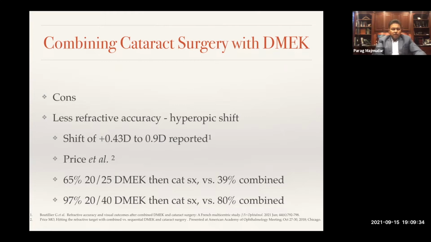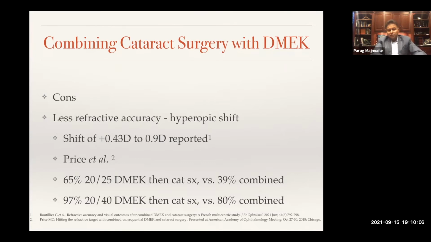Another study that Price and his group presented in 2018 at the AAO meeting found that a combined procedure versus DMEK alone has definitely less refractive accuracy. Patients who had DMEK and then cataract surgery had a higher percentage who were 20/25, 65% versus 39% when done all in one sitting.